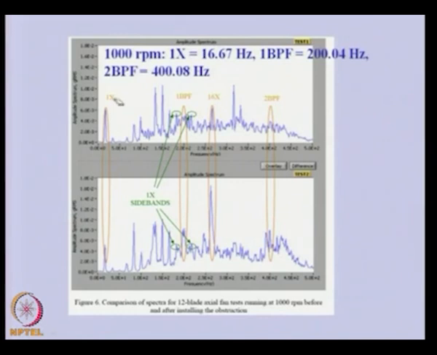We can see there is a 1x, one blade passing frequency is this one, and there are sidebands to that. This is a component of the 16x of the rotational speed. This is twice the blade passing frequency peak. So, this kind of spectra we can expect from such blades.